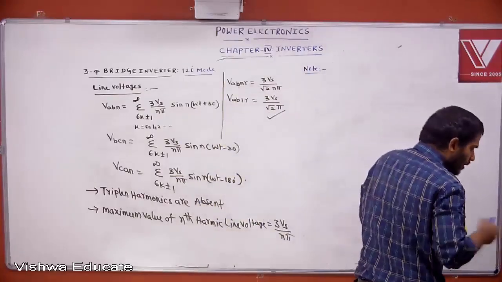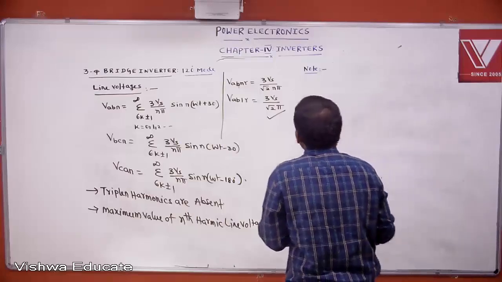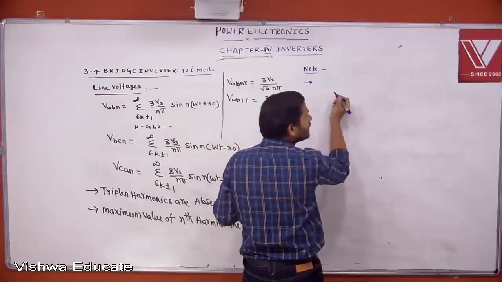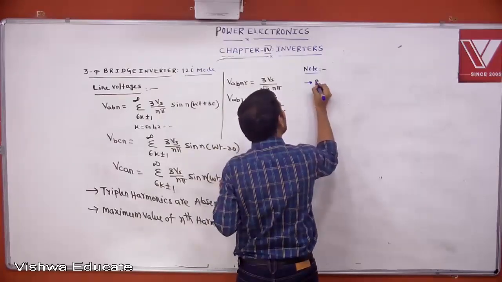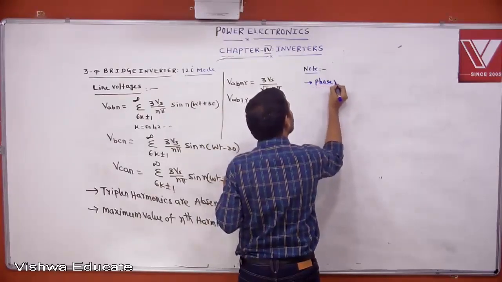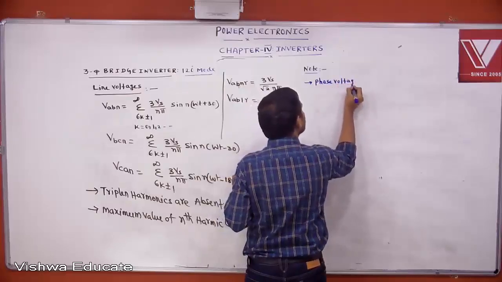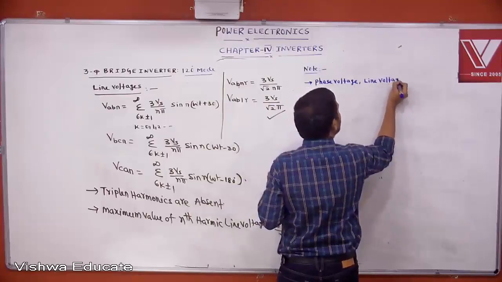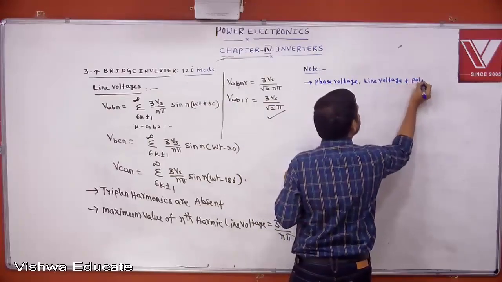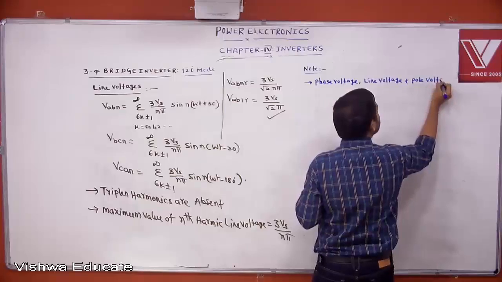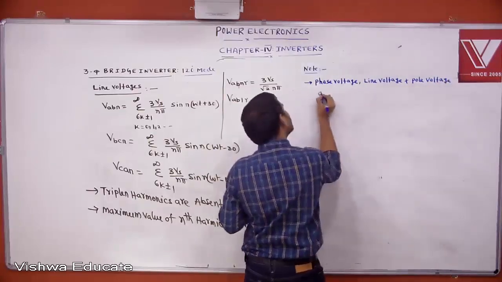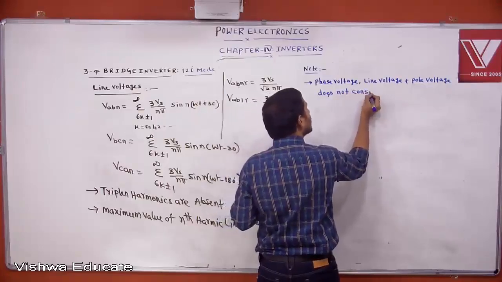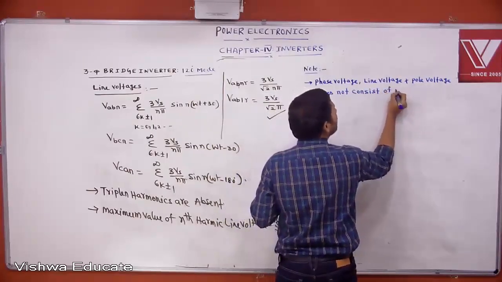In 120-degree mode also, phase voltage, line voltage, and pole voltage do not consist of triplen harmonics.